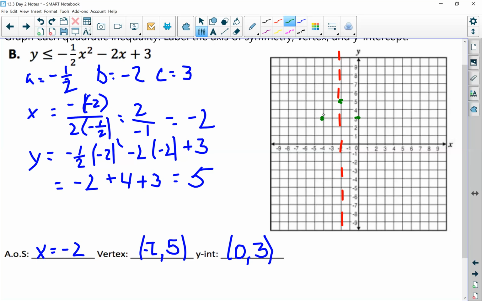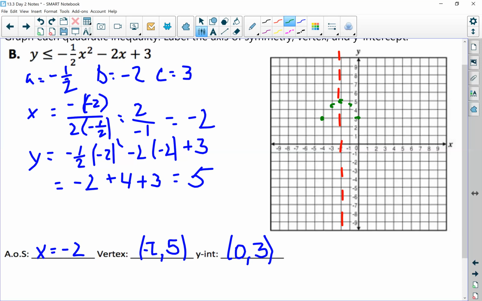In this case, A is -1/2. So I go over 1, down 1/2. This is always fun. And I get my mirror image point on the other side. Over 1, down 3/2 or 1.5. That gets me to my y-intercept. So that checked out. Over 1, down 5 times 1/2, which is 2.5.